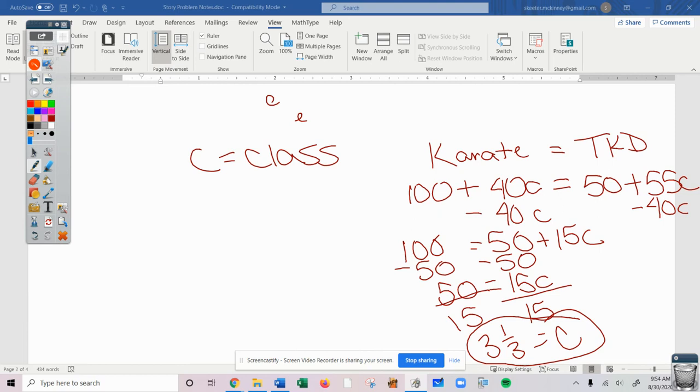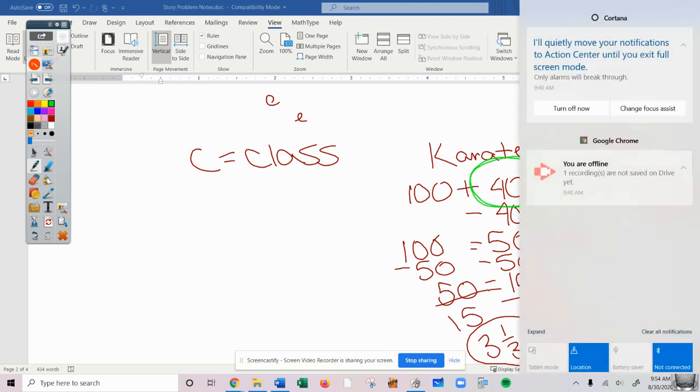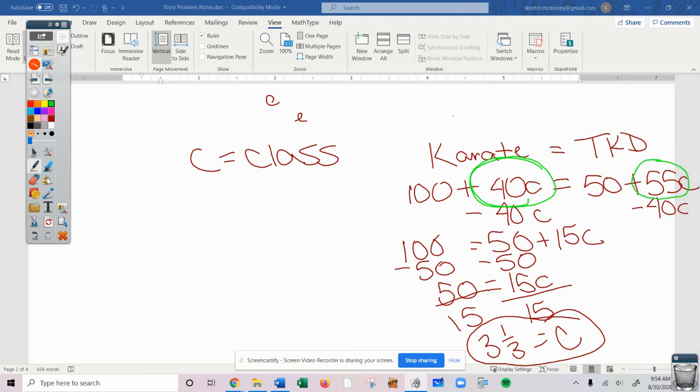Okay, on the 4th class, if they were already equal, do I want to spend $40 or $55? Right, these have already balanced out. We've already taken that into account because they were already equal at 3 1/3.